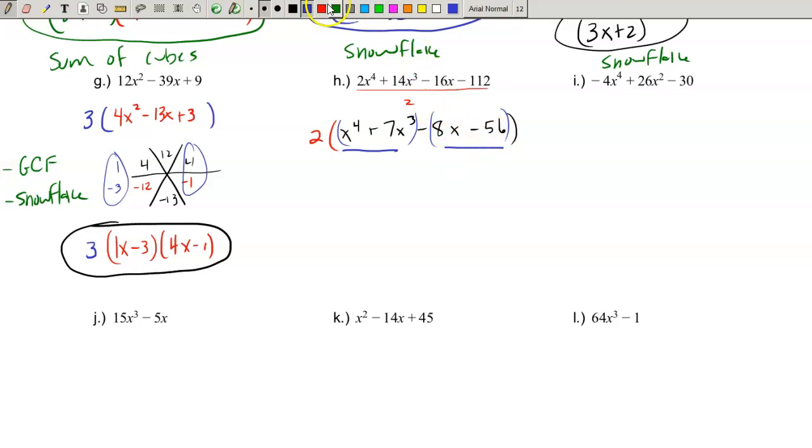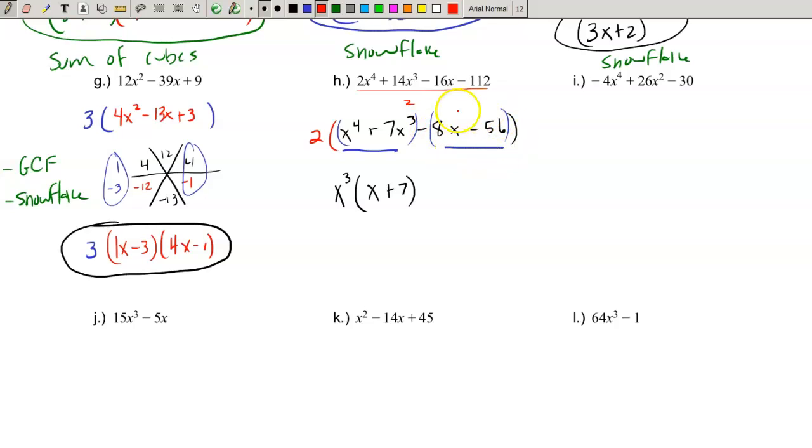So again, thinking about that black part, from this first group, both of them have an x cubed. So I'm going to take out an x cubed from that first group, which is going to leave me with x plus 7. I know that I still have a 2 out here, but I'm just going to ignore that for now. I'll bring it down once I'm done.